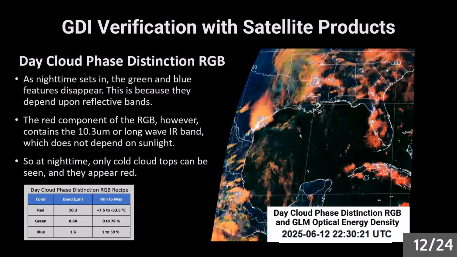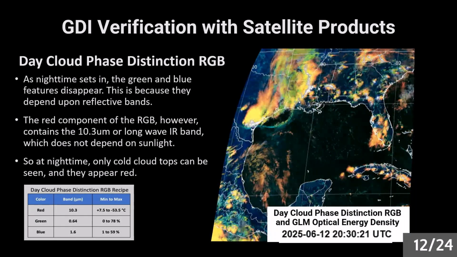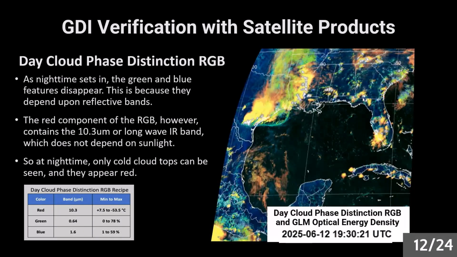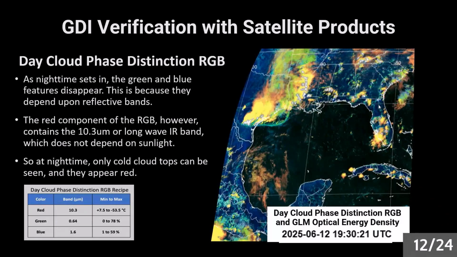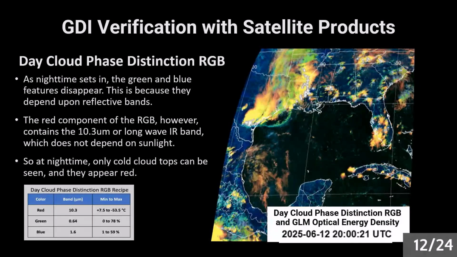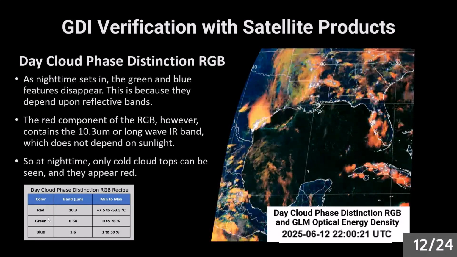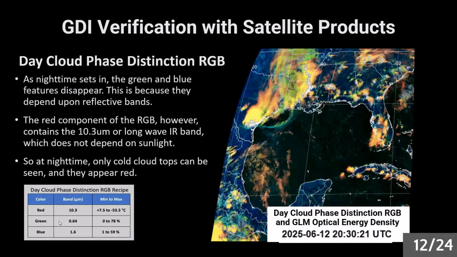So this is another example. With this RGB, in this case, I also included lightning. So this is the GLM optical energy density. This is all data from CIRA SLIDER, and what I wanted to show with this is that later in the day, you can see that the cloud tops turn red as you go into the evening. And the reason why the cold cloud tops turn red is that the green and blue components of the RGB are reflective bands, the 0.64 micrometer and the 1.6.